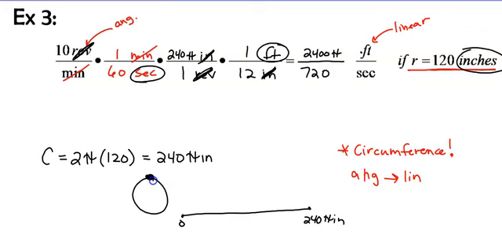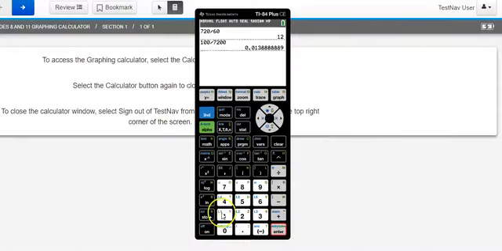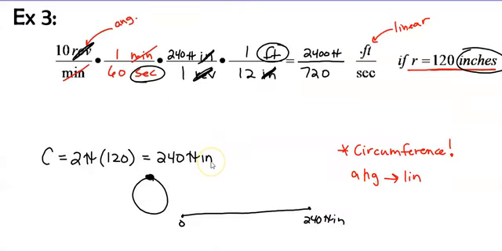I guess I can do that quick. 2400, you can use the pi button, divided by 720. And you're going to end up with 10.47, or I think, again, your worksheet says to round to the nearest tenth, so we'll just go 10.5. So final answer, 10.5 feet per second.